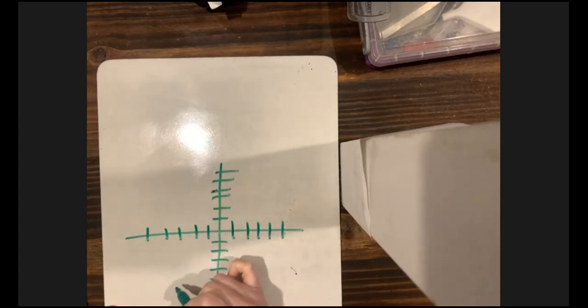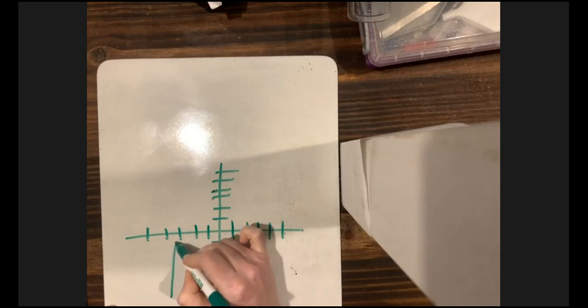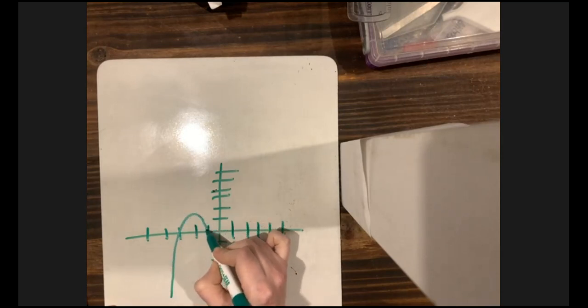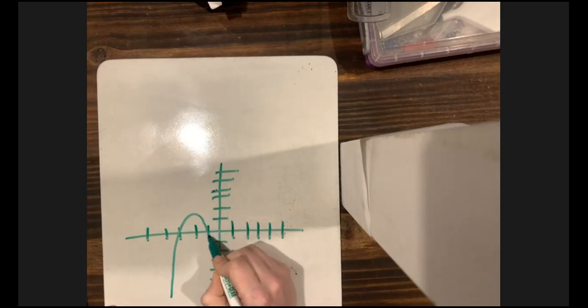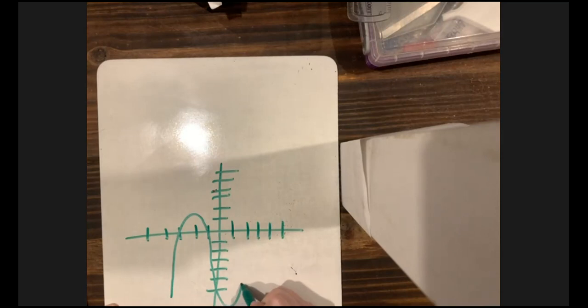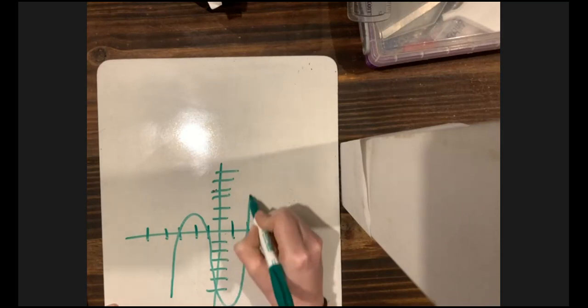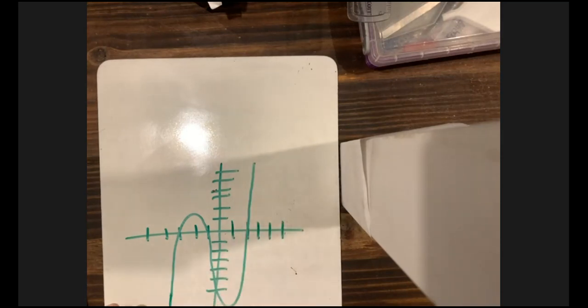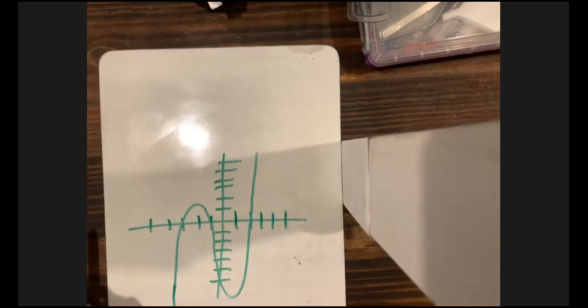Okay, now for this last grid space that we're going to work with, we've got something that looks kind of like this. Okay, so for this one, they want us to identify the X and the Y intercepts.